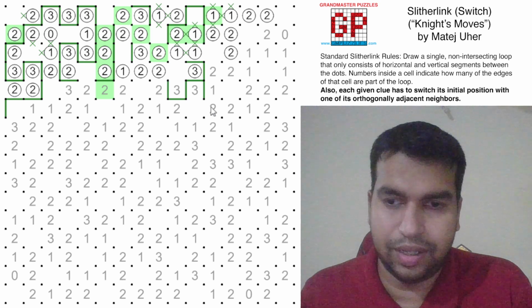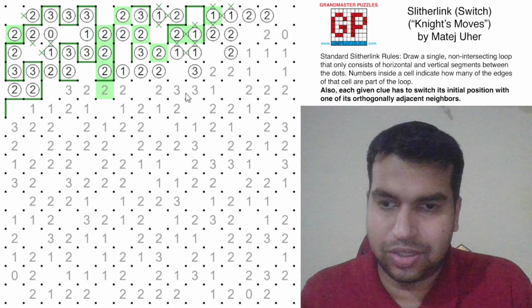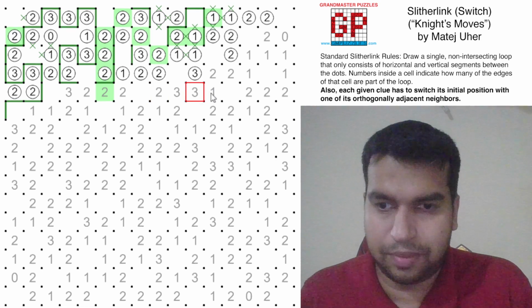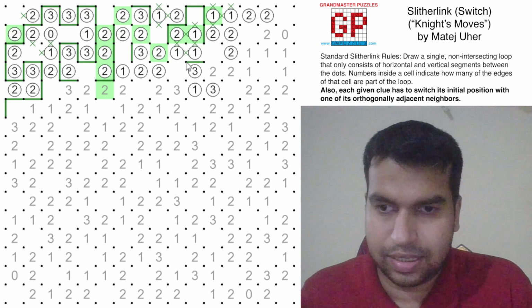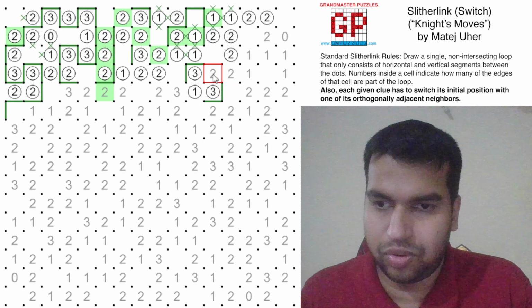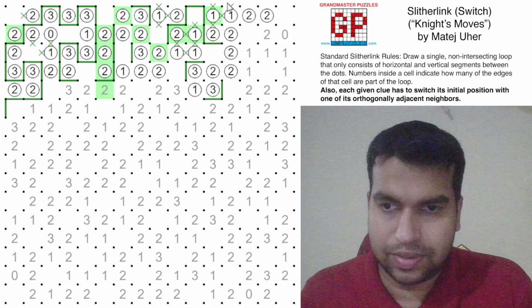Either way, there's some branching, there's a lot of problems. So actually, these two threes can't pair with each other. That means this three has to pair with this one, and that gives us this. And actually, let's pair these two twos as well, because that's forced as well, and that gives us some more progress here.